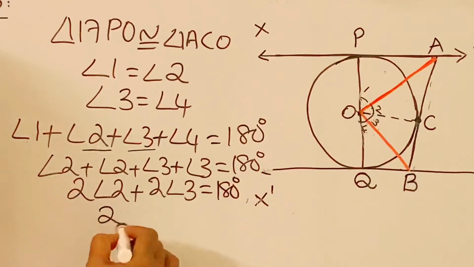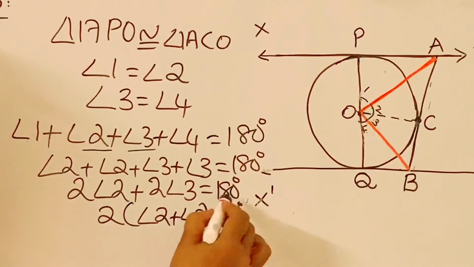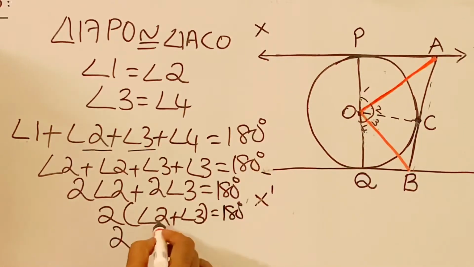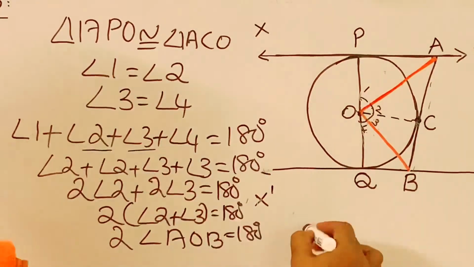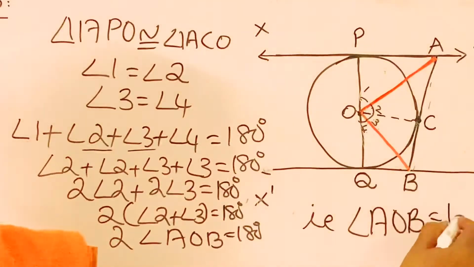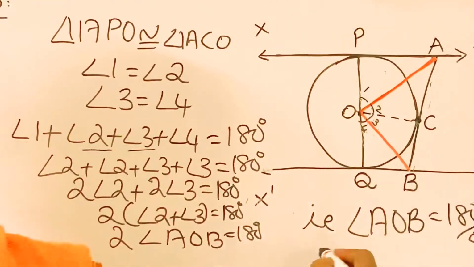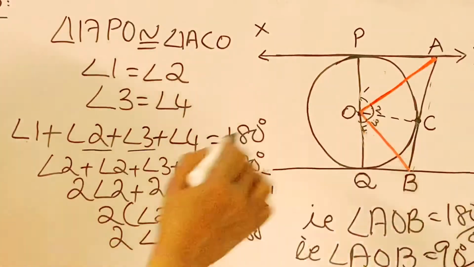That means 2 into angle 2 plus angle 3 is 180 degrees. What is angle 2 plus angle 3? That is angle AOB. So angle AOB is equal to 180 by 2, that is 90 degrees. This we needed to prove.